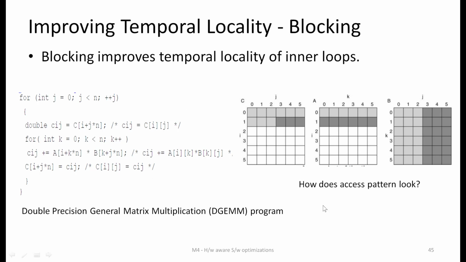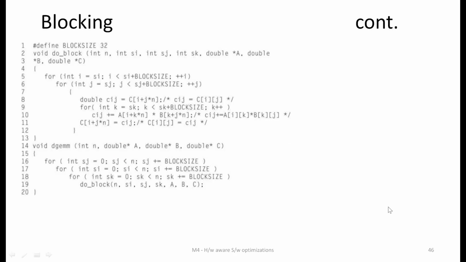But how was this program optimized? With blocking is what we'll see now. So here is the optimized program with a block size of 32. Here is the main function of sj, si and sk loops, and they call the function doBlock with these parameters as inputs, and also the size of matrices and the matrices themselves. And within each of these blocks, we are doing the typical matrix multiplication that we have seen in the previous slide.